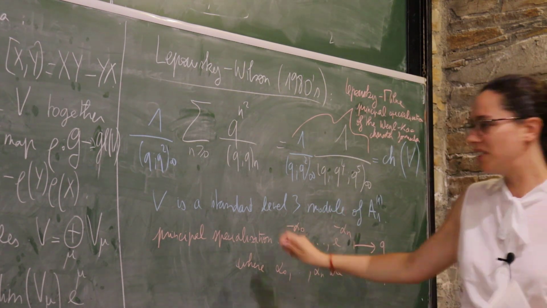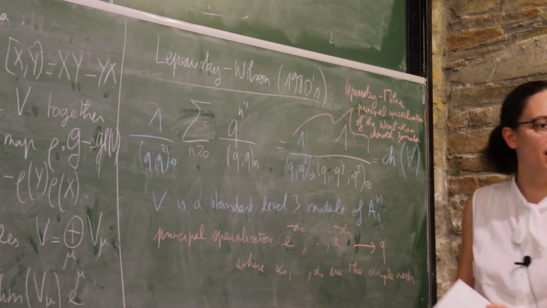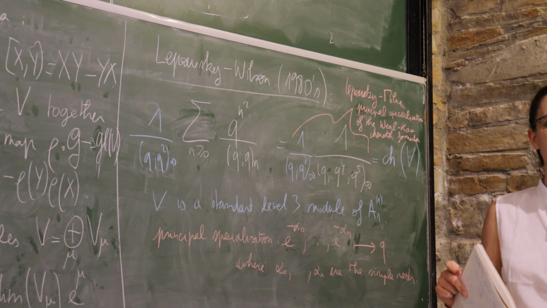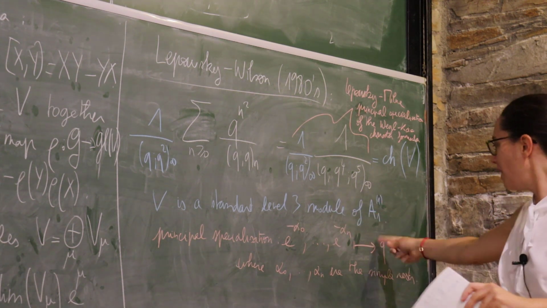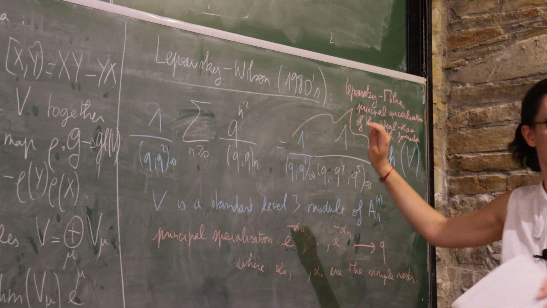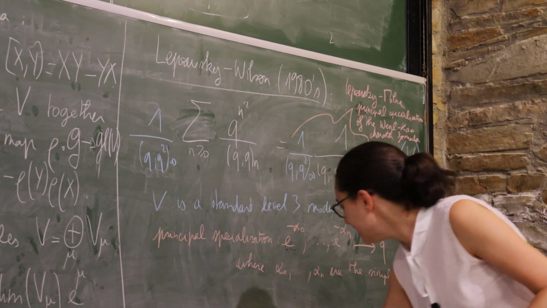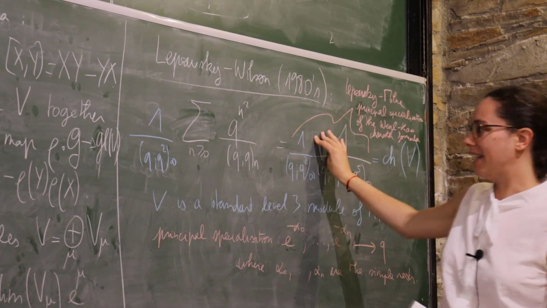And if you don't know what the roots are, it's okay. You just think we have some formula with a lot of variables, and we transform everything into q's to get our q series that we like. Okay, so that's one side.